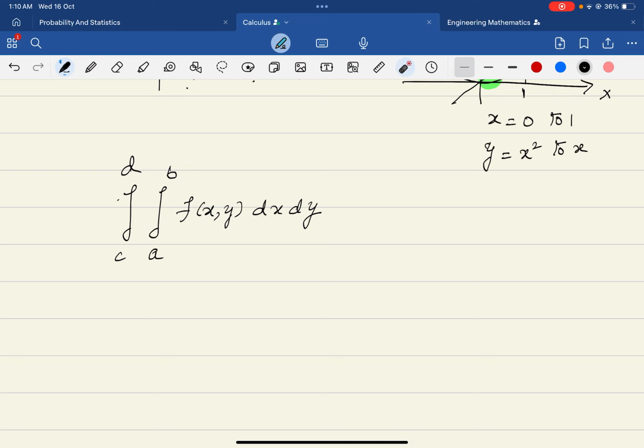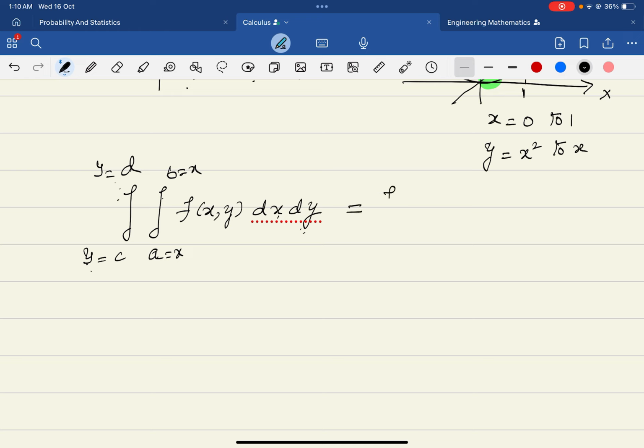Observe that we are first integrating with respect to x, the innermost. The limits a to b are the limits of x, and when you say dy on the last, the outermost is y from c to d. Even though we don't give y values, you should understand that the outermost is for y, innermost is for x. So x limits are a to b, y limits are c to d.